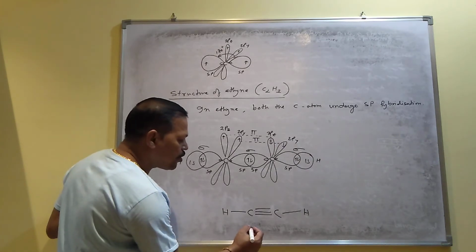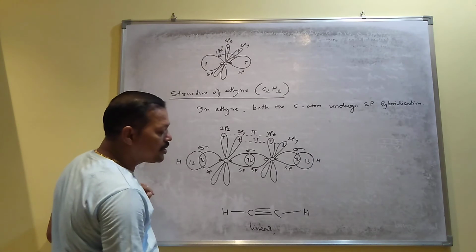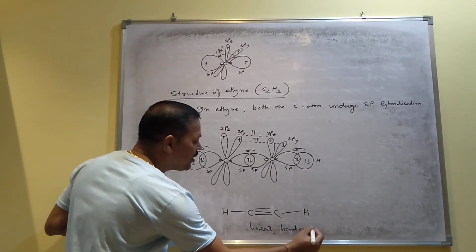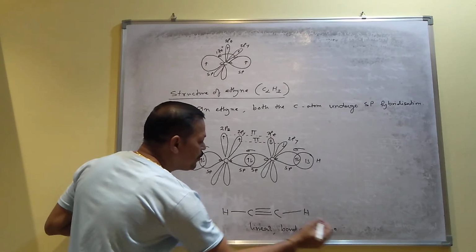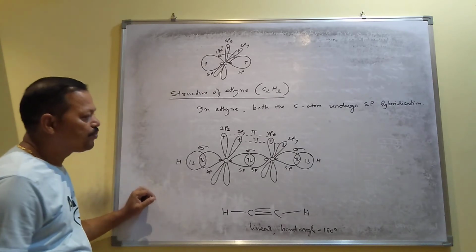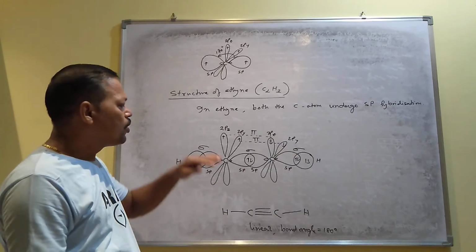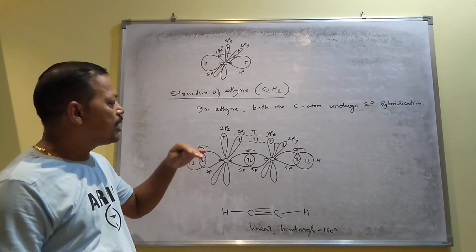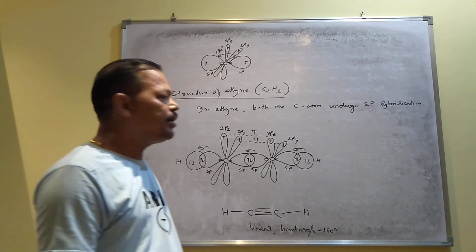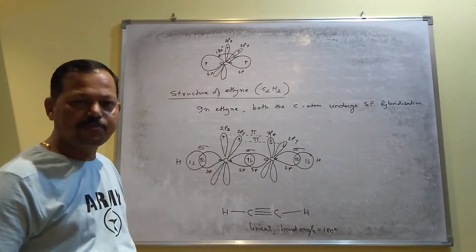So the structure of the ethyne molecule is linear because it adopts sp hybridization, and the bond angle in ethyne you will get is 180 degrees. I mean, the angle between these two bonds is 180 degrees due to sp hybridization. So those carbons which are triple bonded always adopt sp hybridization.